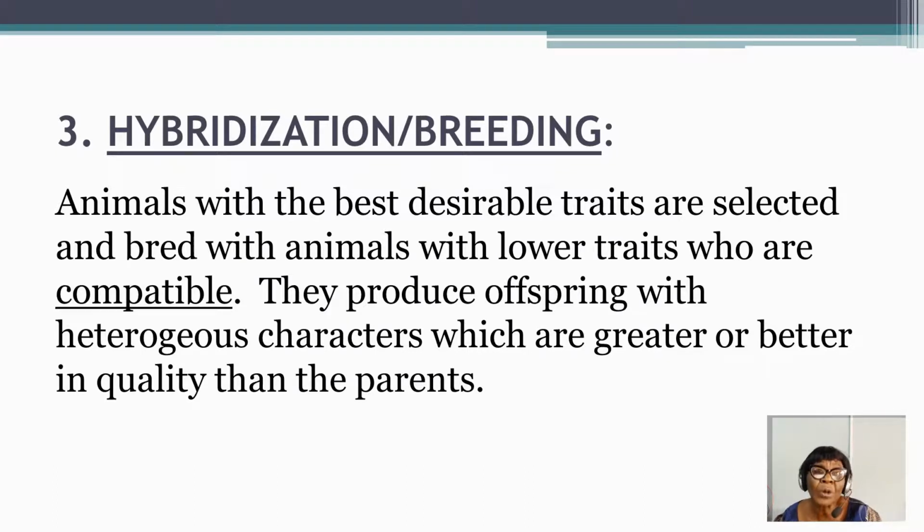Even though the local ones are not high breeders, they have some good qualities. For example, some of them are tolerant to diseases. They can withstand the weather, the climate. These are good traits. So you mix them with the hybrids, and the offspring produced will be better than the local one, and even the new one you are breeding.